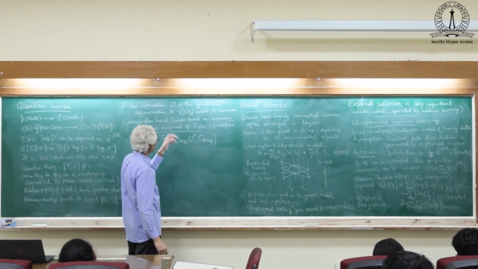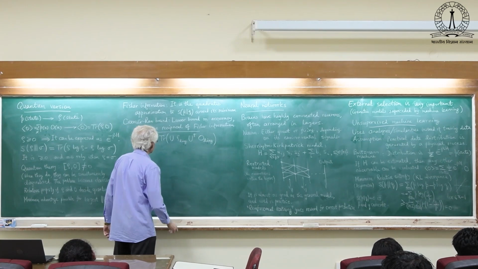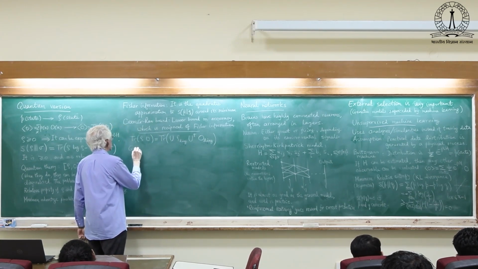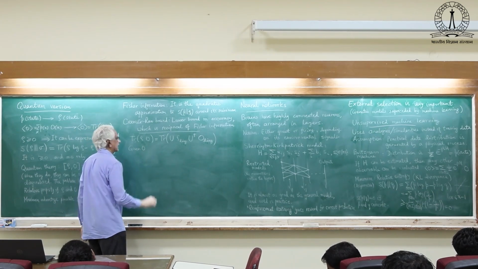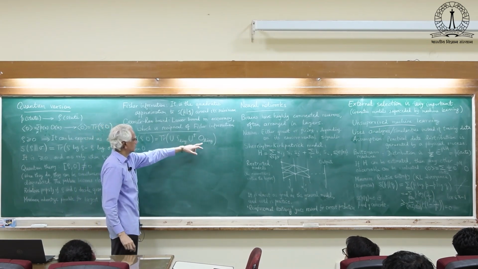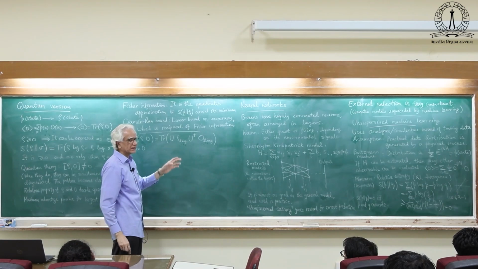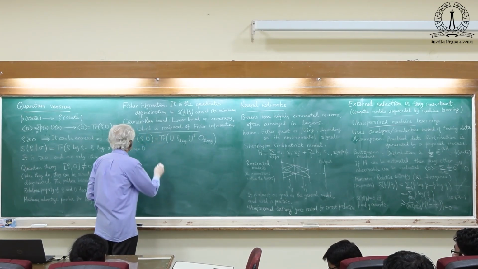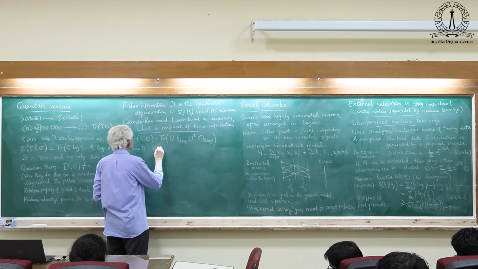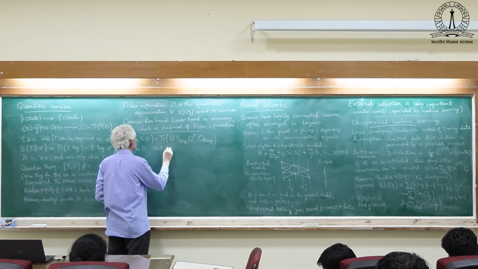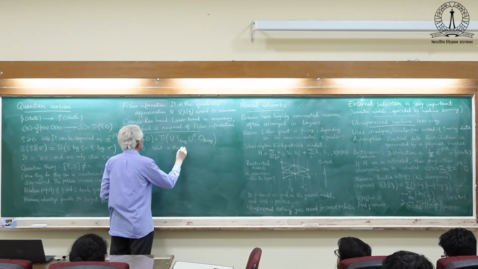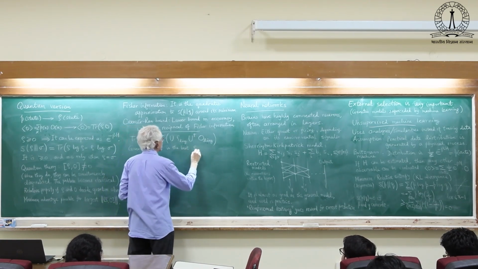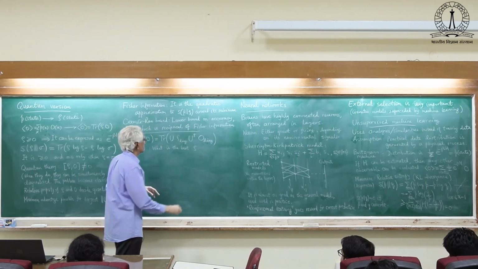And then I can ask it in two different ways. Suppose I take O as a given object, I will write it in the diagonal basis. And then what is the best rho?